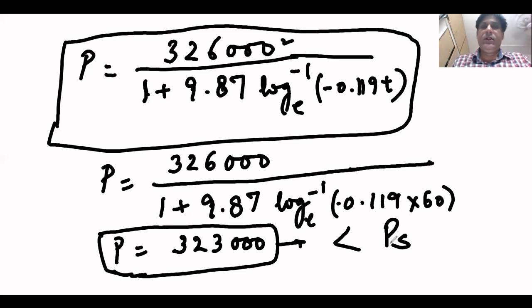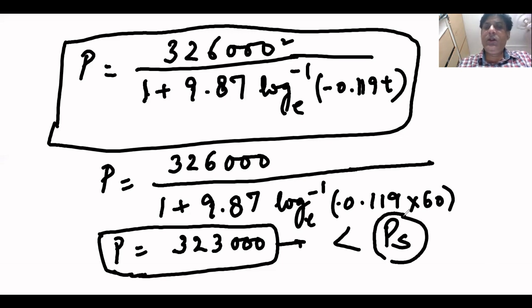The number of births would probably be equal to the number of deaths, and the number of people coming into the city and going out of the city are almost equal. So in any case, if you take it for 80 years also, the population would never be more than the saturation population, right?